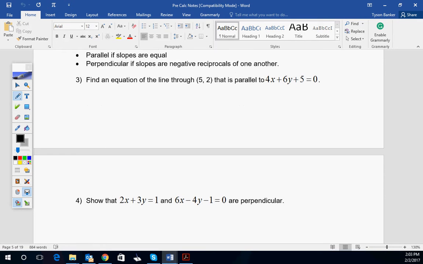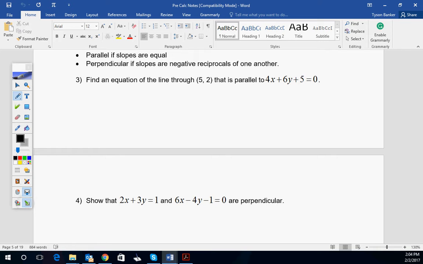Okay, so find the equation of the line through 5, 2 that is parallel to 4x plus 6y plus 5. So what's the process I want to do here? How do I want to approach this? If I'm talking about parallel and perpendicular, you have to know what in order to figure out if it's parallel or perpendicular? Slope. Can we see the slope right here? No, so we have to solve for y.